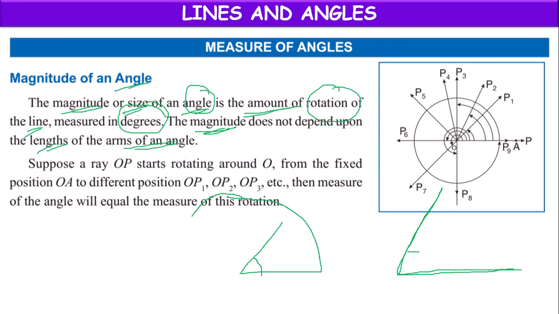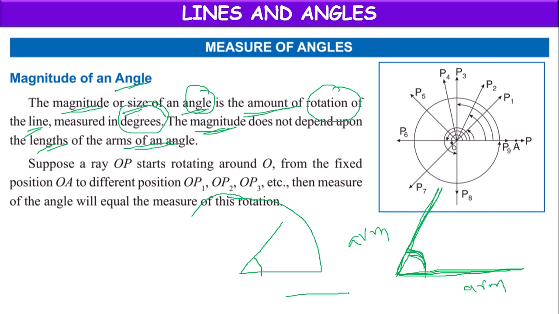whatever angle made by this line, when it is in initial position, let us consider it as the first arm. In the final position, the line, let us consider it as the second arm. The angle made by the lines or arms does not depend on the length of the arm.